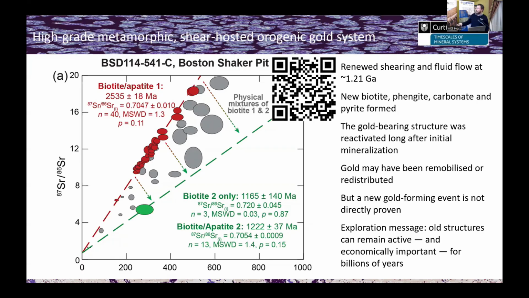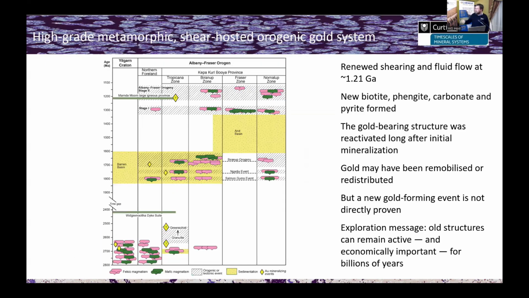You can see the isochron is falling towards this younger line, and the texturally young biotite is sitting on this other isochron. So it's telling us about an alteration event, and this is a widely known age. This 1.2 Ga age is the widely known Albany-Fraser Stage 2, so it's a widely known age of overprinting in the region. So we can now fit this into a broader context.